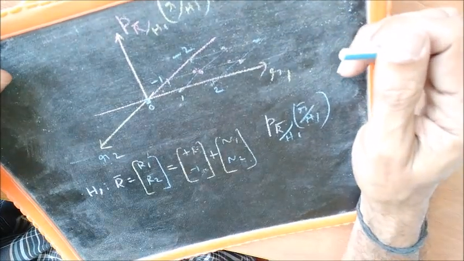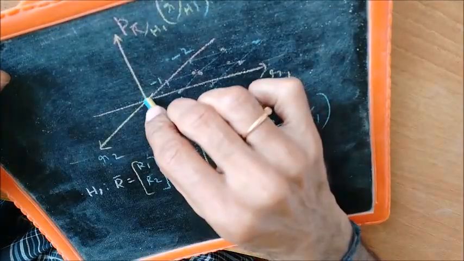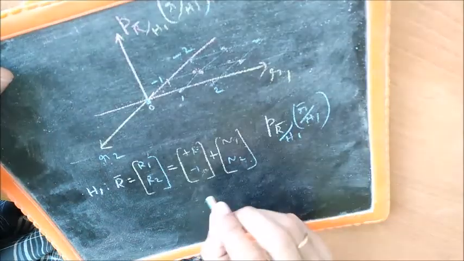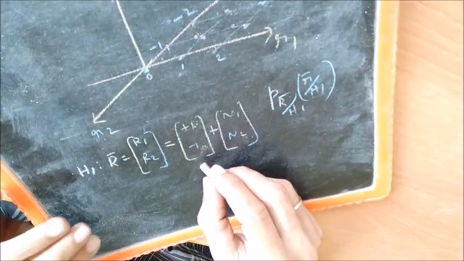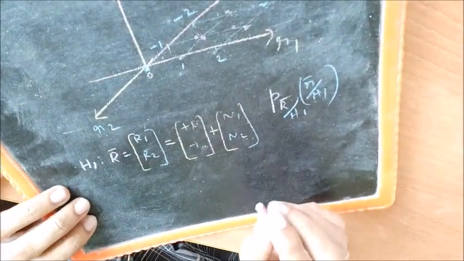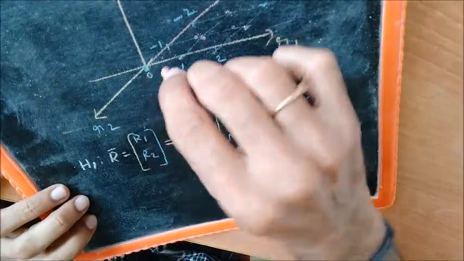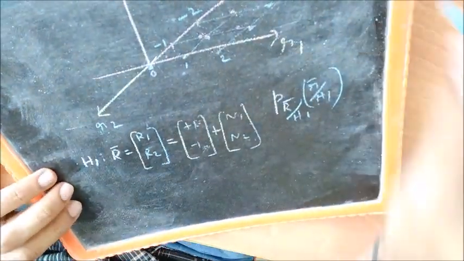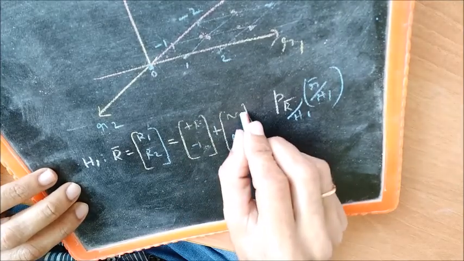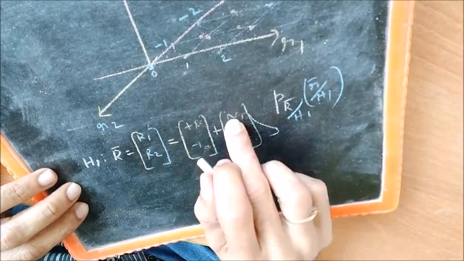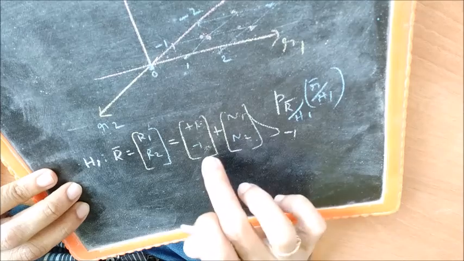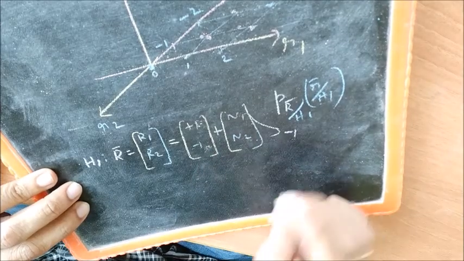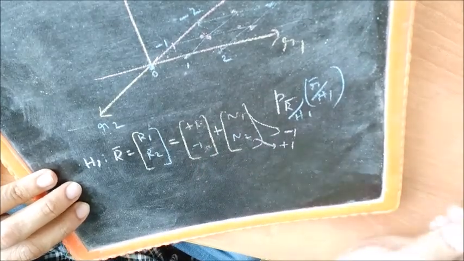For example, if R1 has to be 0 and R2 has to be 0 when the hypothesis is H1, you know that N1 has to be minus 1, and N2 has to be plus 1.